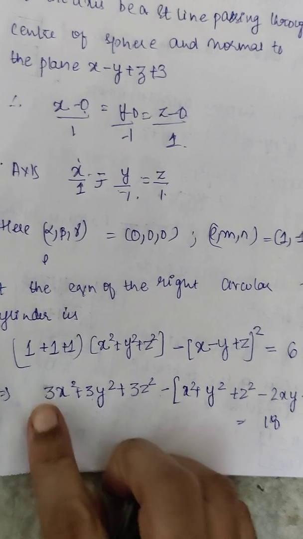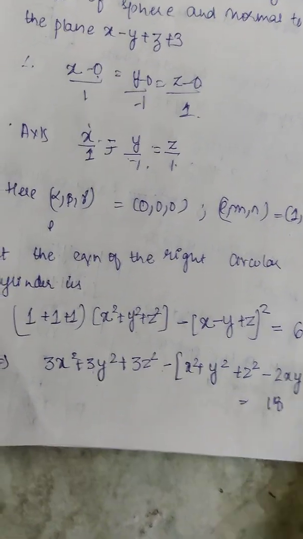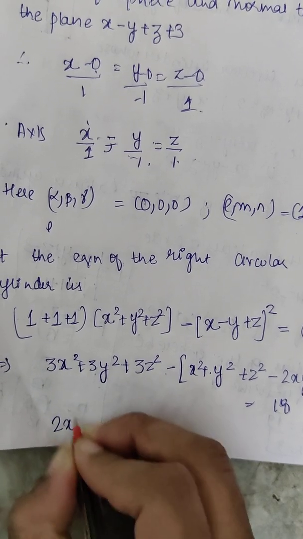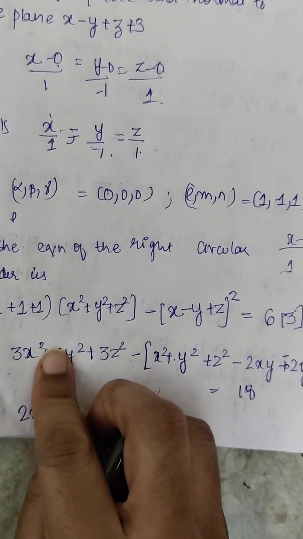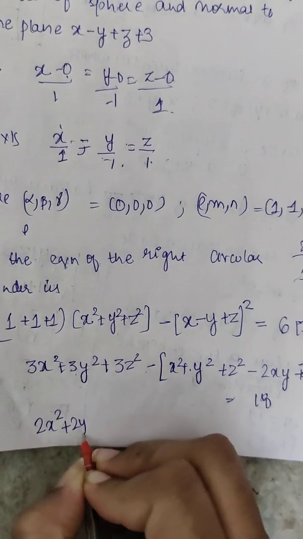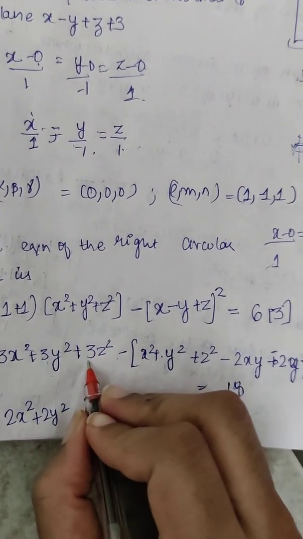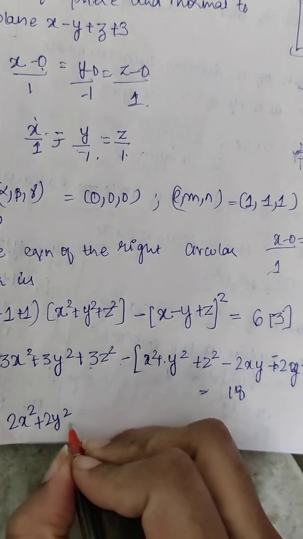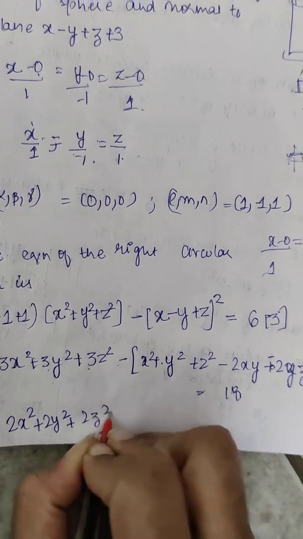Now let me start solving. 3 minus 1 is going to give me 2x square. 3 minus 1 is going to give me plus 2y square. For z square, 3 minus 1 gives plus 2z square.